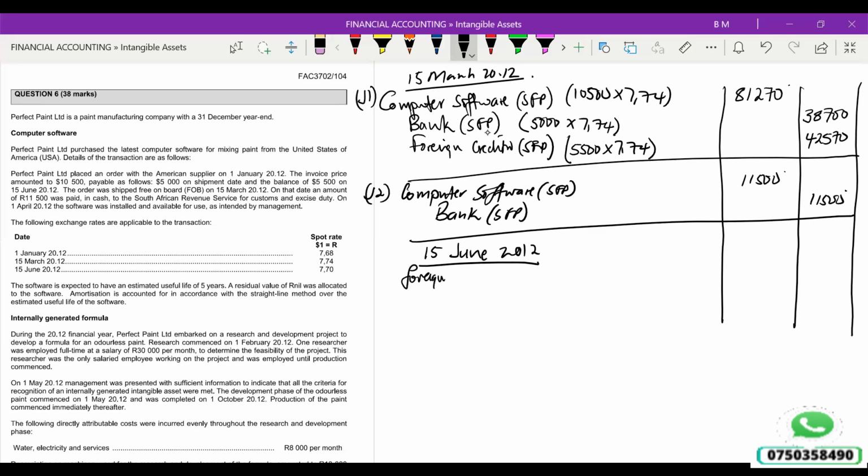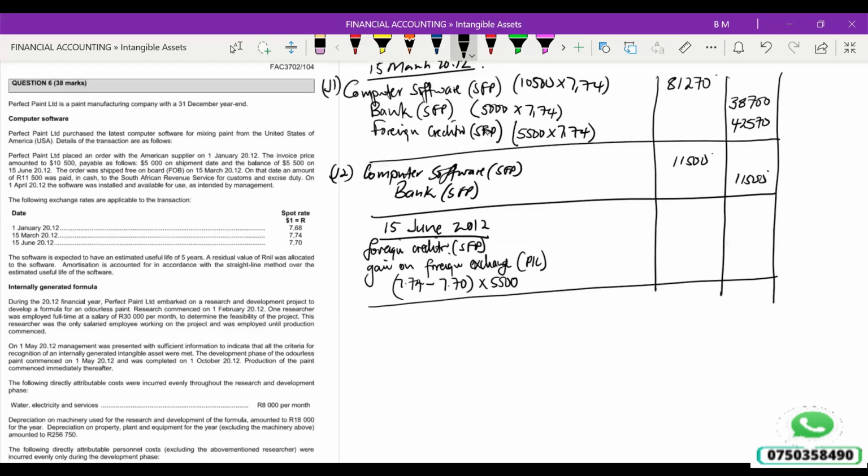I'm going to debit the foreign creditor, reducing it, then credit my gain on the foreign exchange in the P&L. 7.74 minus 7.70 times 5.5. How much do we get? 220.